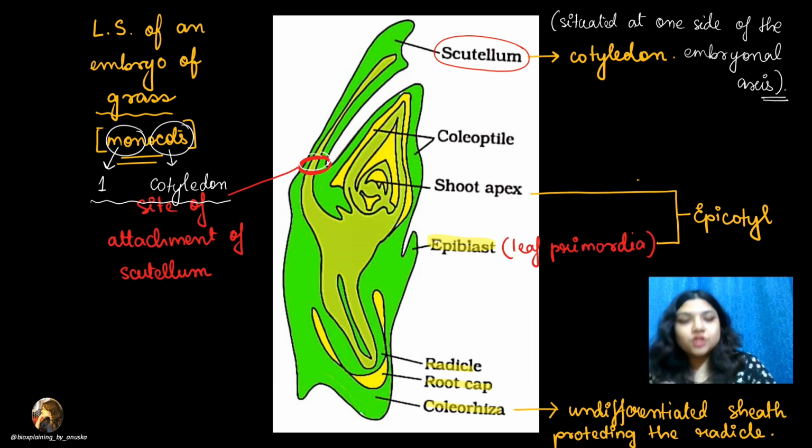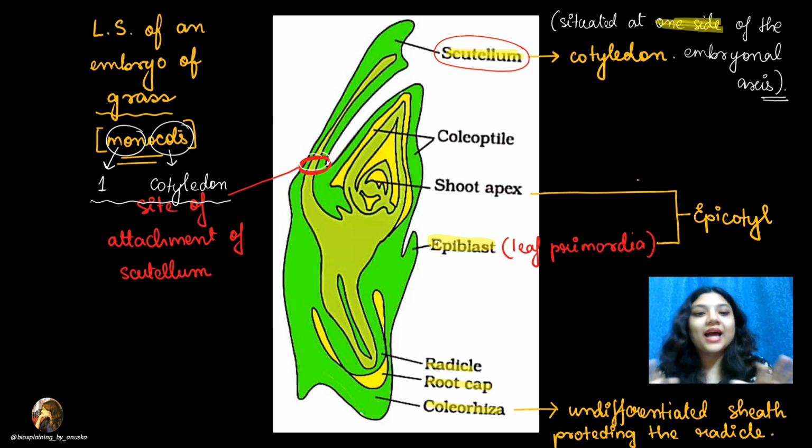Is it proper? So just for a quick recap, embryos of monocotyledonous seeds possess only one cotyledon, and that cotyledon we call the scutellum. Where is it present? It is present on one lateral side of the embryonal axis. At the lower end, we have the coleorhiza covering the radicle and the root tip.